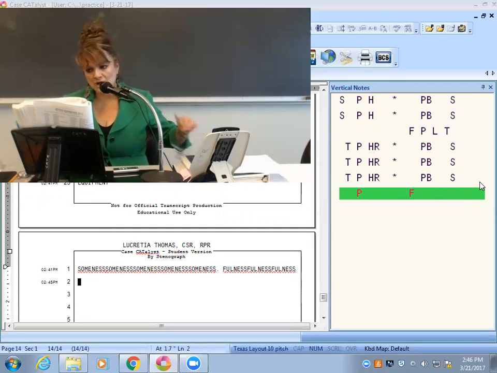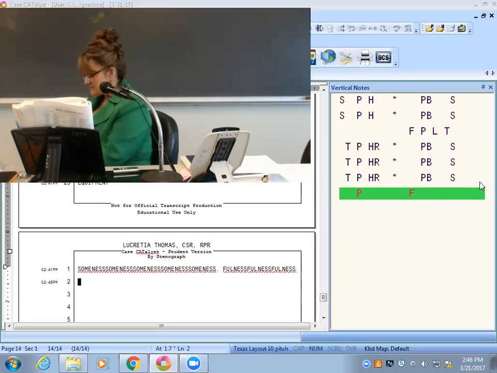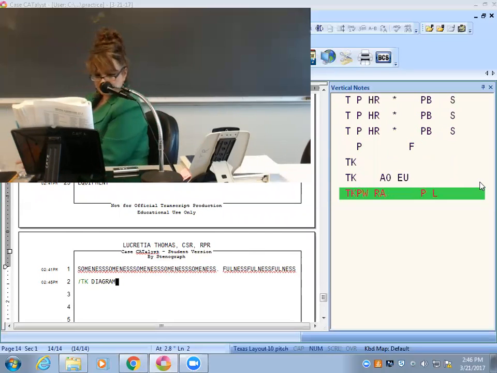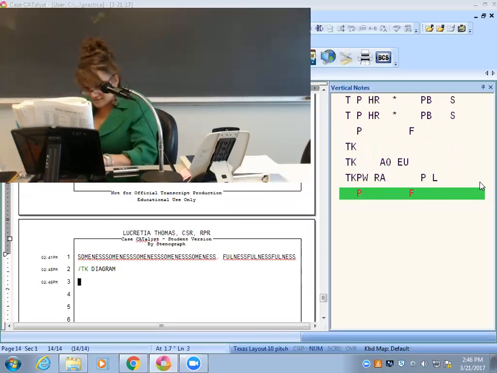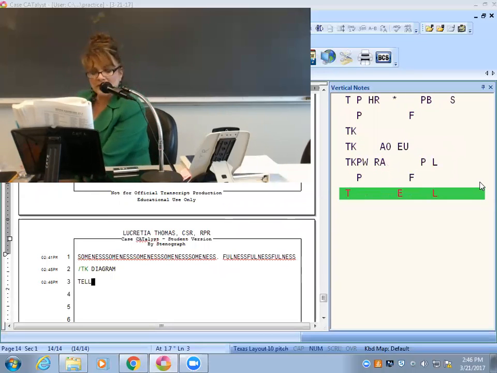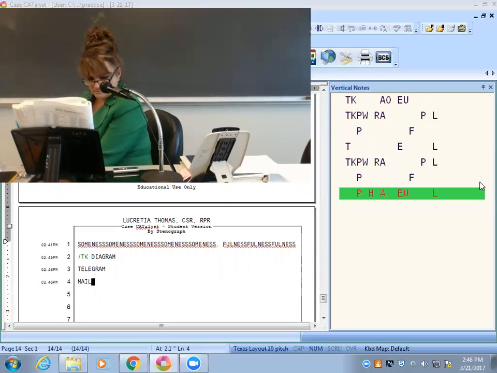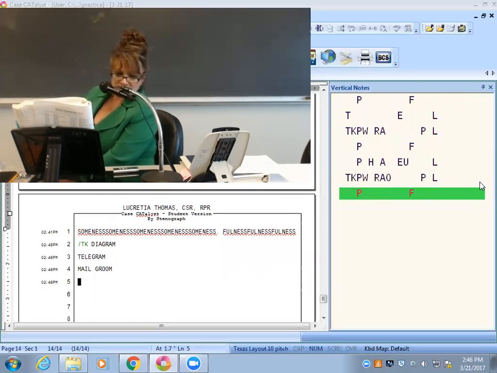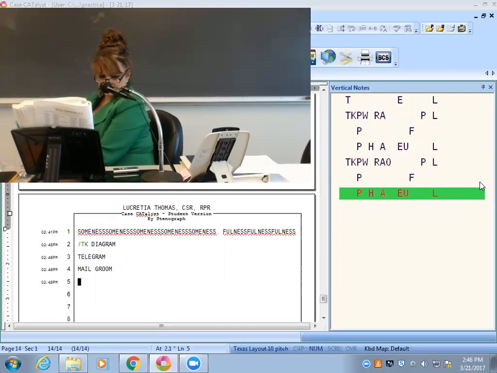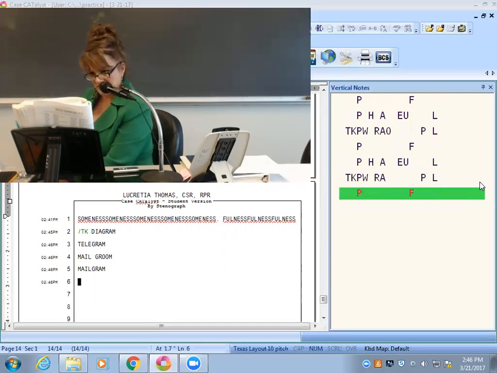Diagram, telegram, just two strokes, and mailgram. So all words ending in gram, write GRAM as a second stroke, okay?